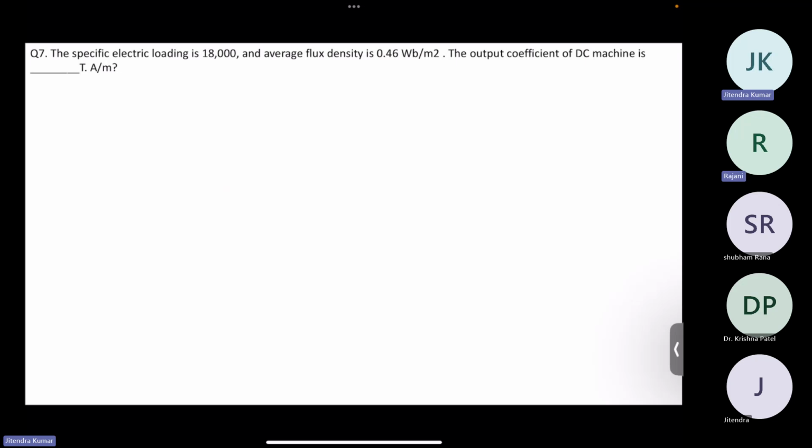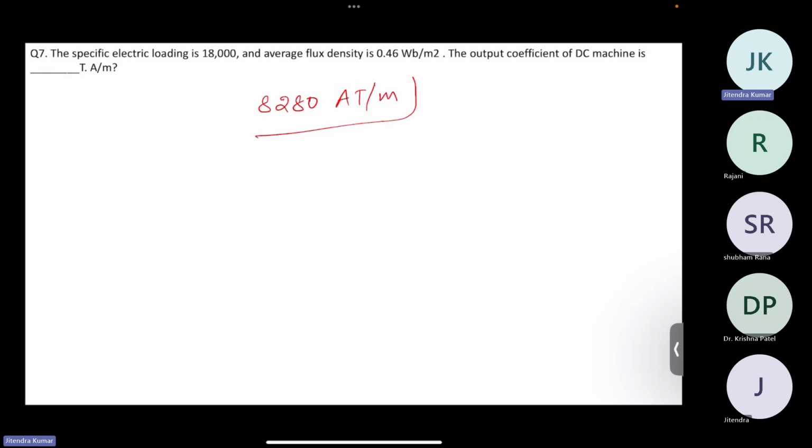Tesla into ampere, so electric loading into magnetic loading, no sir? Exactly. So 18,000 into 0.46 is 8280 ampere turns per meter.